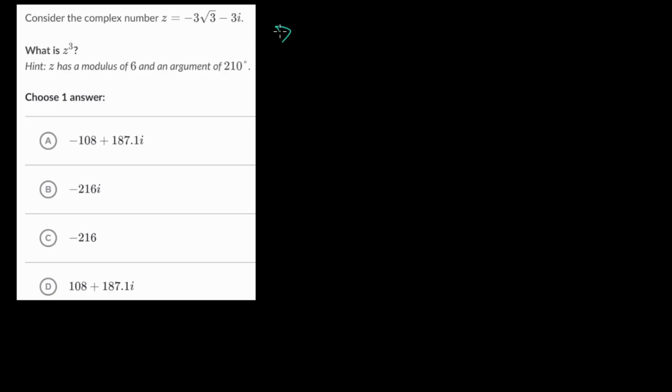The way we approach the problem is to first write our complex number z in its polar form, and it will be equal to the magnitude or the modulus of z multiplied by the cosine of the angle of z plus i times the sine of that angle, where this angle theta is measured relative to the positive real number axis. And we will raise z to the nth power.